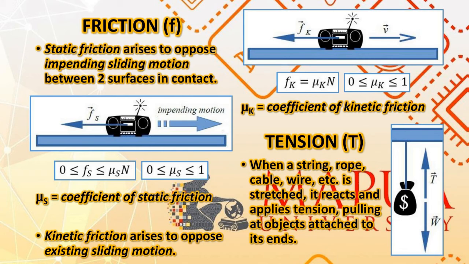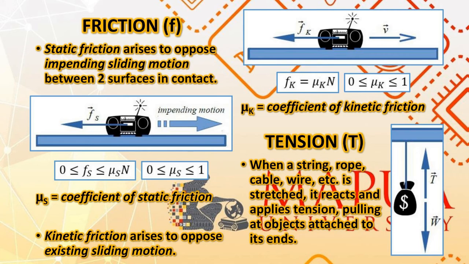And lastly, we have tension, variable capital T. Tension is basically a reaction to being stretched. If you have a string, rope, wire, or similar object and it is stretched, the object reacts by applying tension, pulling at the objects attached at its ends.